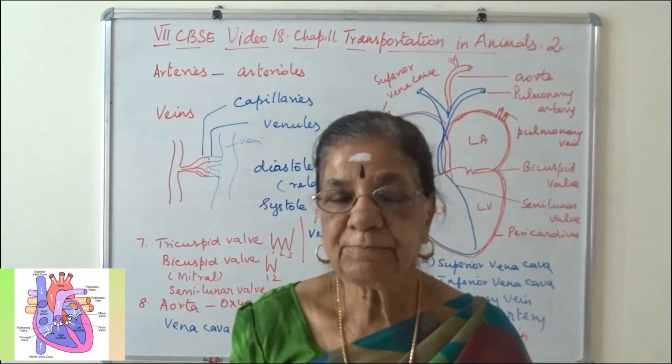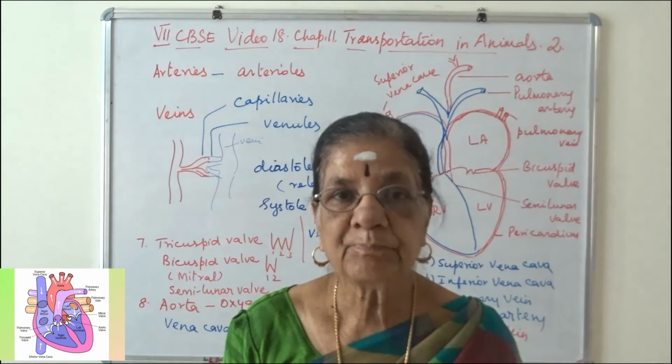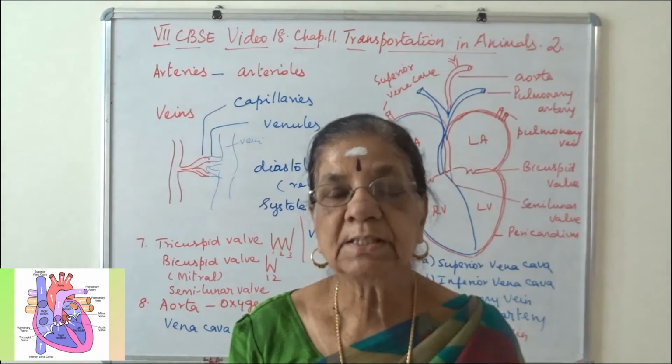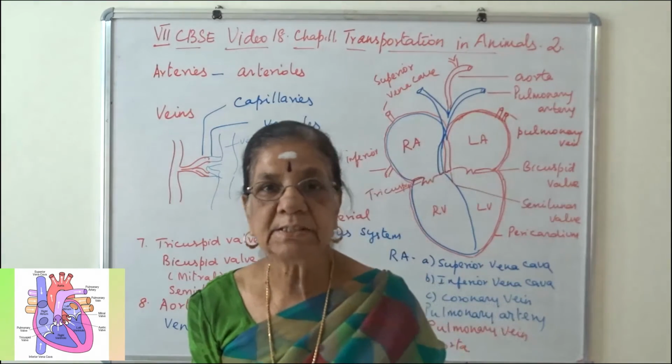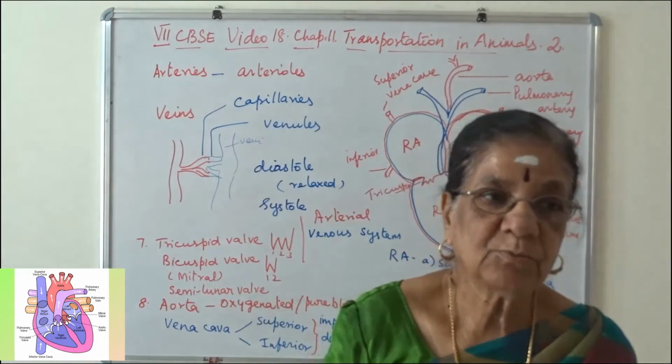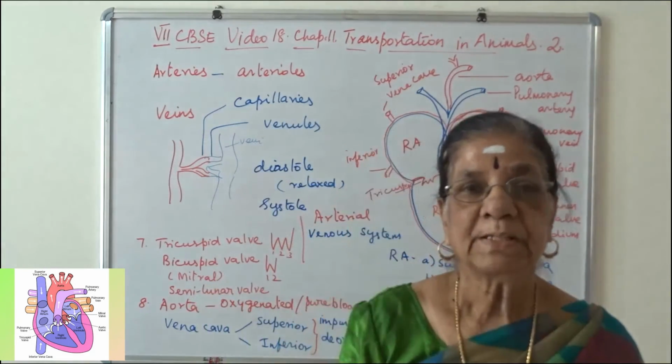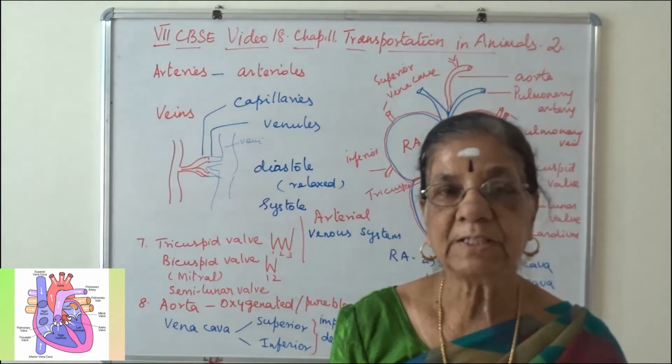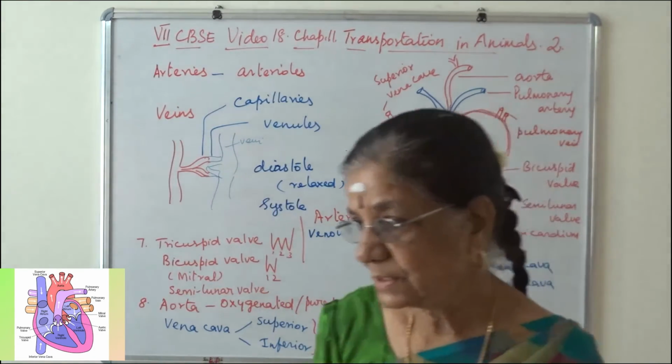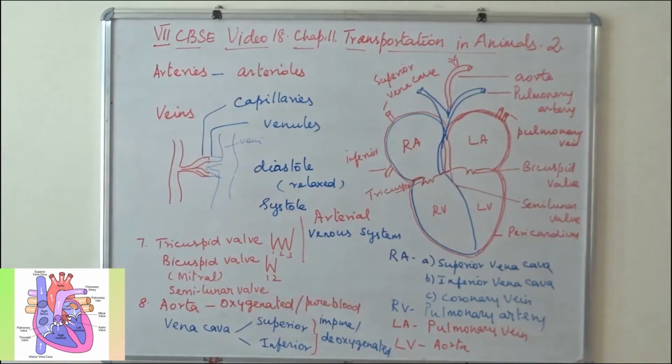Like that, different terms based on their position and location, the arteries are given terms. Same way for the venous system also, hepatic vein, renal vein, sciatic vein, and different veins are given terms. I hope you follow this.